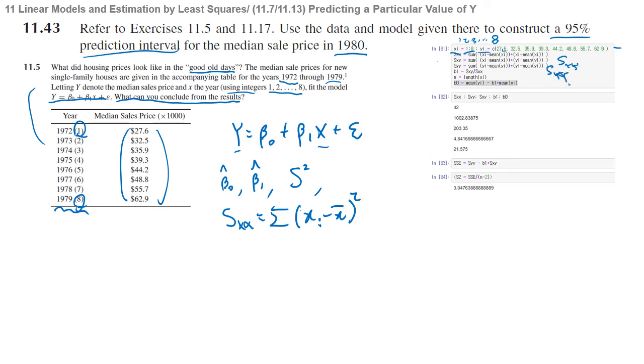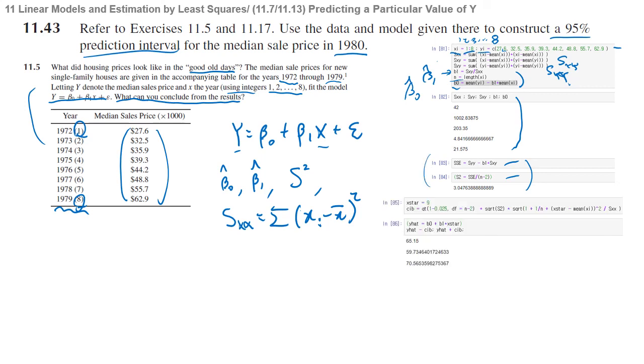We can calculate these terms and beta 1 hat, where n is the number of data points, and beta 0 hat. You can calculate beta 0 hat and beta 1 hat this way, and these are the calculated values. We can calculate SSE and s squared like this, and from these results you can calculate the prediction interval using the formula.